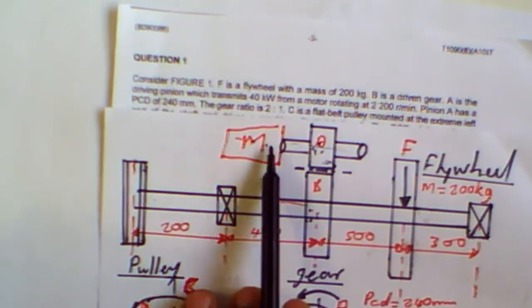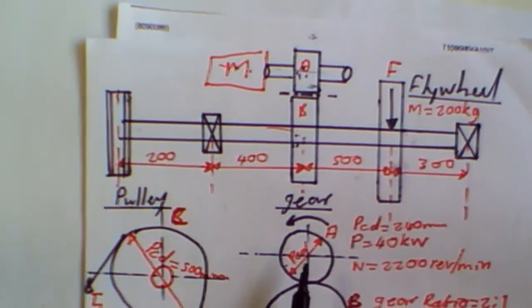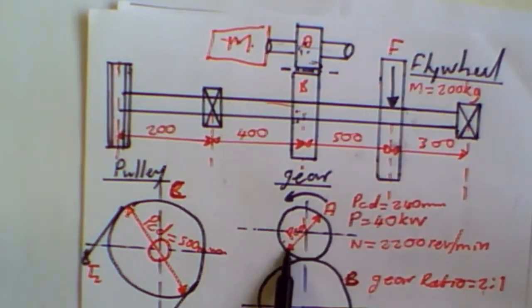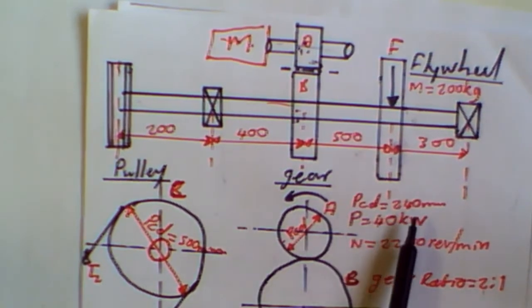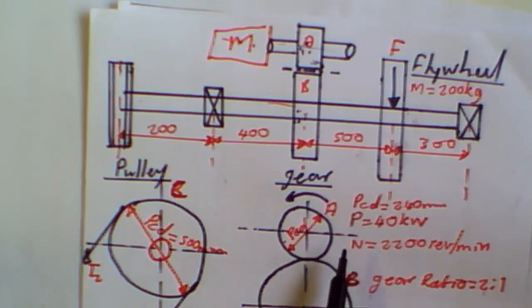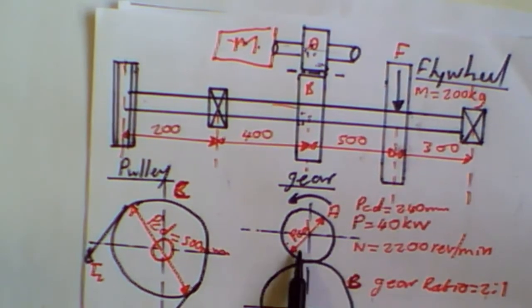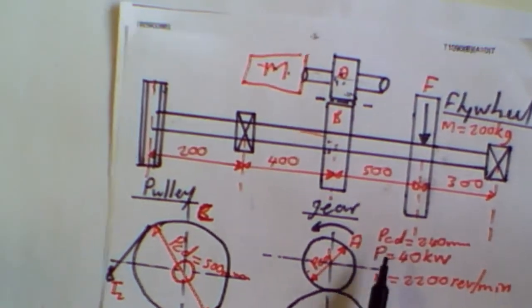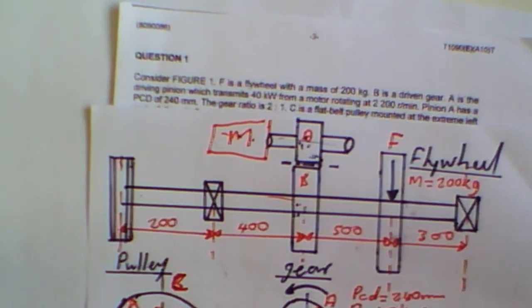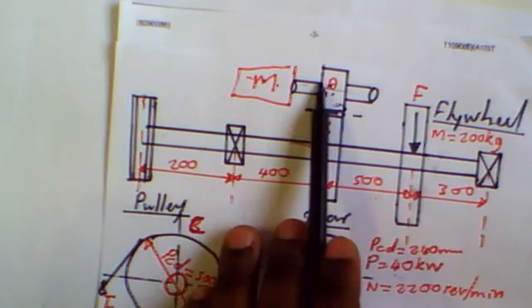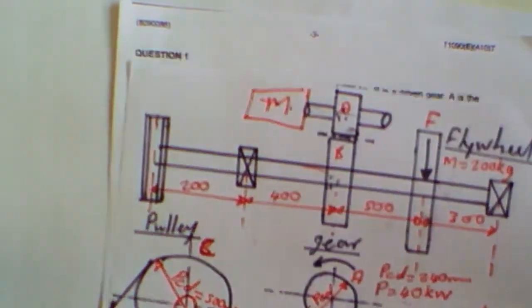We're also told that the PCD of gear A is 240 millimeters. The power transmitted by the motor is 40 kilowatts.